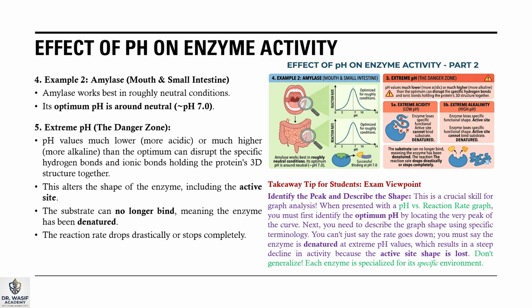Use a scientific reason. Say, at extreme pH values, the enzyme is denatured, causing a steep decline in activity because the active site shape is lost. And remember, every enzyme is a specialist. Never assume all enzymes like pH 7. Always look at where they work in the body. We have discussed this scenario regarding pepsin and amylase.